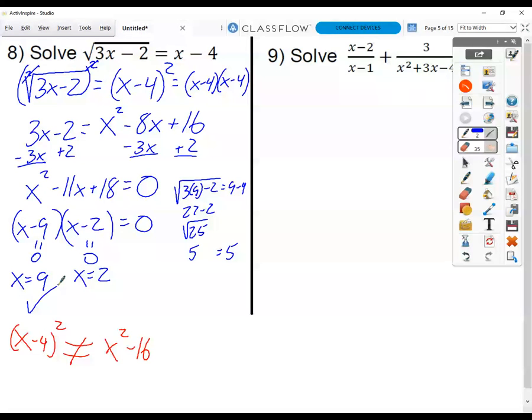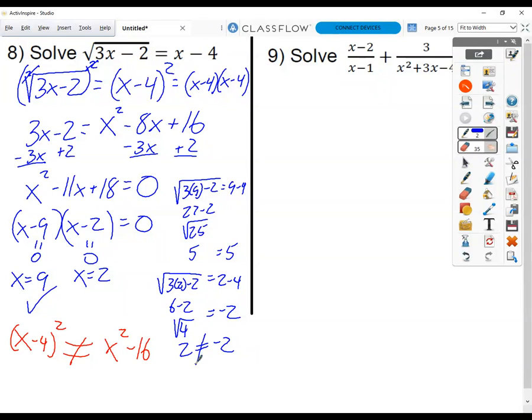If we plug 2 in, so it's going to be the square root of 3 times 2 minus 2 equals 2 minus 4. So it's going to equal negative 2. At this point, you know 2 isn't going to work because at no time does a square root of a number ever equal something negative. But just to keep showing it, it's going to be 6 minus 2. Square root of 4, 2 equals negative 2.